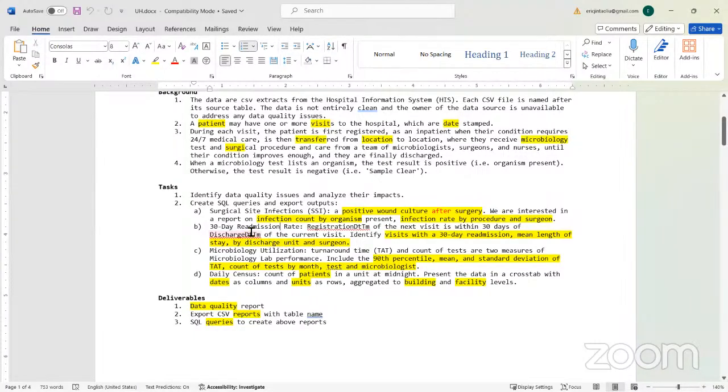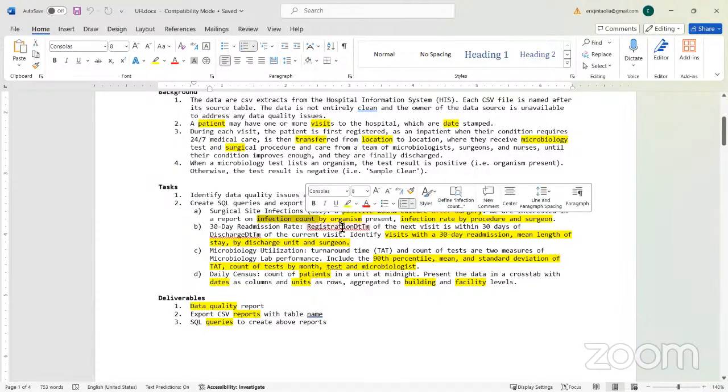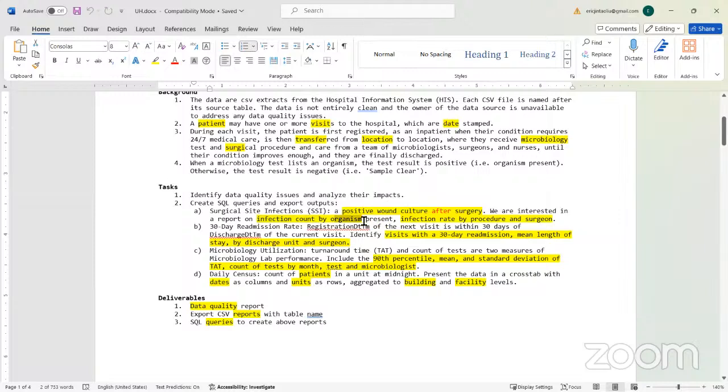We're interested in a report on infection count. So you start to see, infection count is the measure by organism present. So this is the dimension. Infection rate is the measure, and procedure is the dimension, and surgeon is the dimension, right? 30-day readmission rate. So this is the quality of care, right?